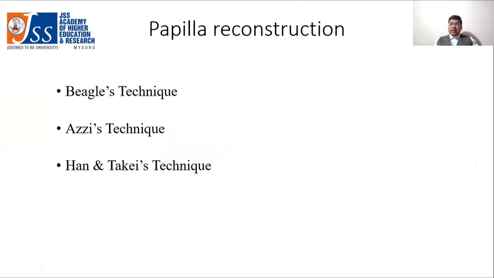Further, interdental papilla or implant papilla plays a very important role in enhancing the aesthetics of the implant. If interdental papilla is deficient, it can be reconstructed by using one of these techniques: Beagle's technique, Aziz technique, and Han and Takai's technique.